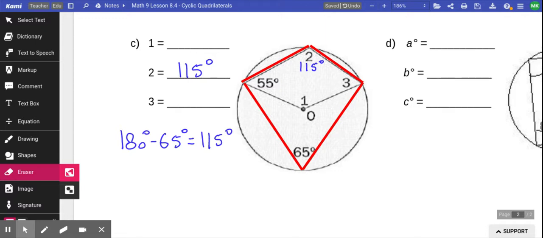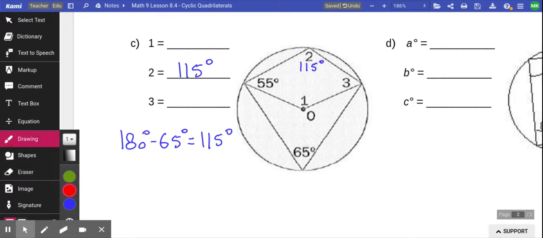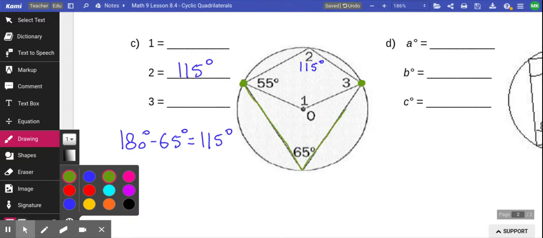What I am going to do is remember some of my rules from the other day. One of my rules was that when you have central angles and inscribed angles, the central angle is always double the inscribed angle. What that means is that if you had a point on a circle and another point on a circle, and I could get from one point to the other by going around the outside, that was called an inscribed angle.